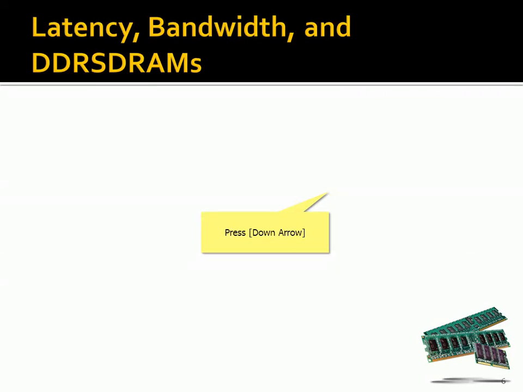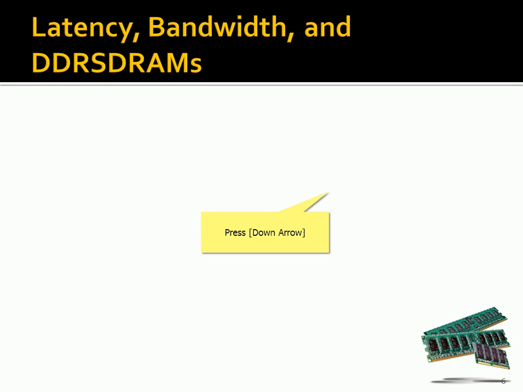Now the latency, bandwidth, and DDR SDRAMs. Latency is the amount of time between the initiation of the memory operation and its completion. So initiation to completion is the latency time. Bandwidth is how much data is transferred and received; the bandwidth is the capacity of the channel.